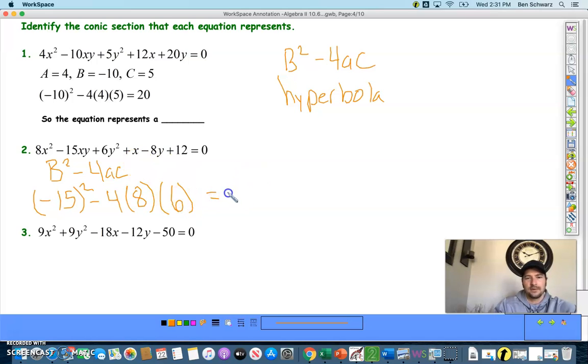So when we do that, we would get 225 minus, let's do quick maths here, 48 times 4, 200, 192, which equals 33... let's see, 34. So greater than 0. This one's also a hyperbola.